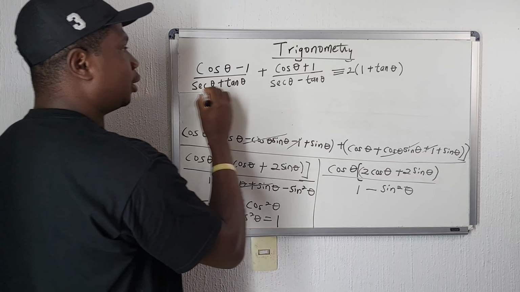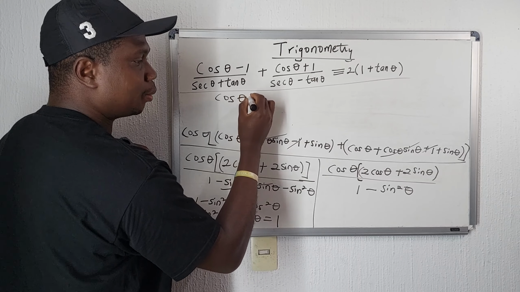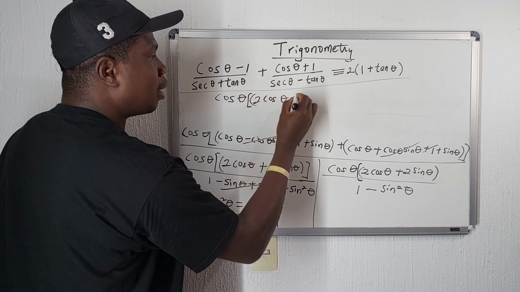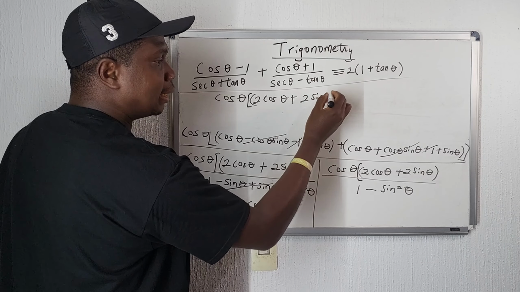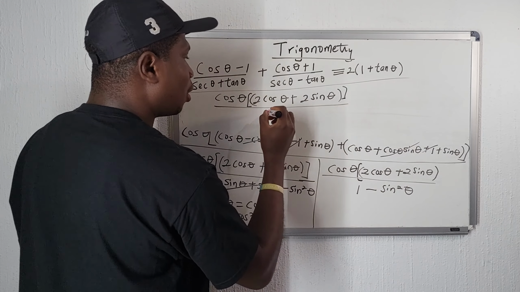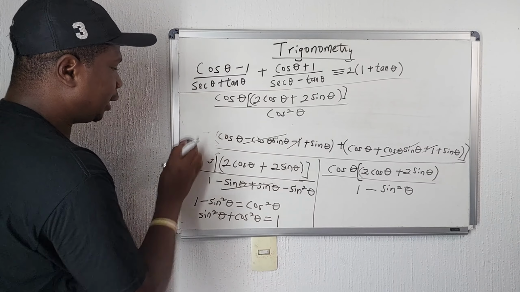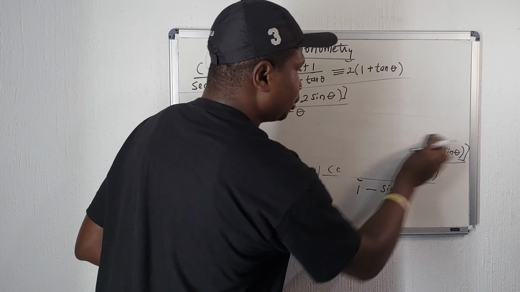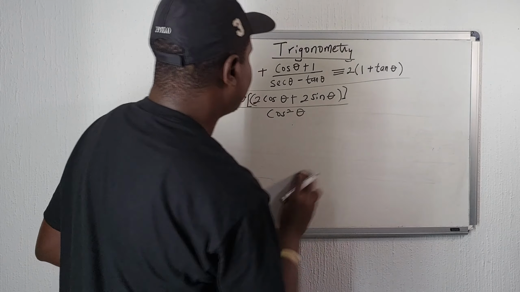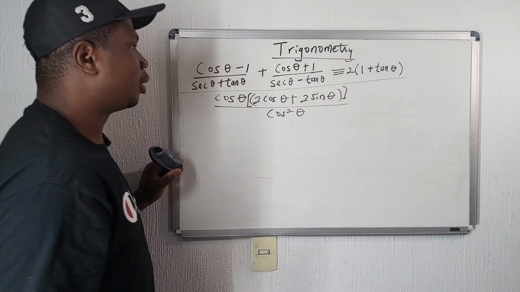So I have, let's go here. I have cos theta into 2 cos theta plus 2 sine theta, then over cos square theta. I can clean here to see. Let's try to finish the question up. Then I can now open these brackets.